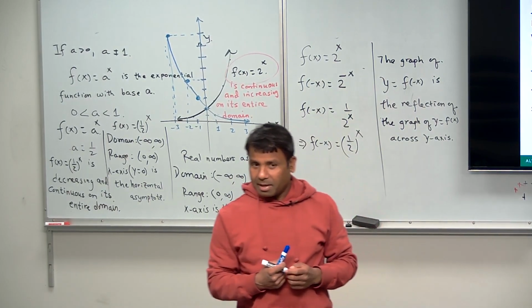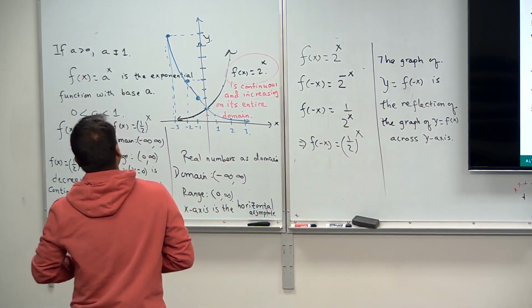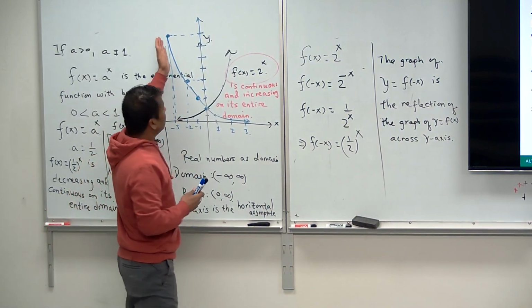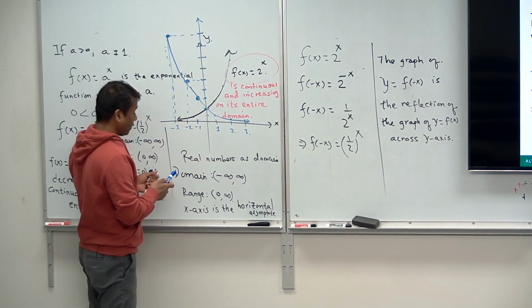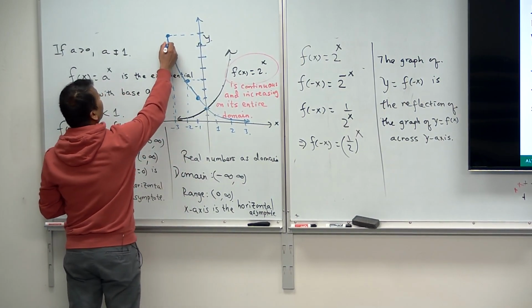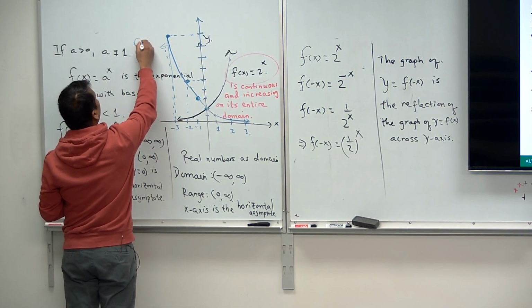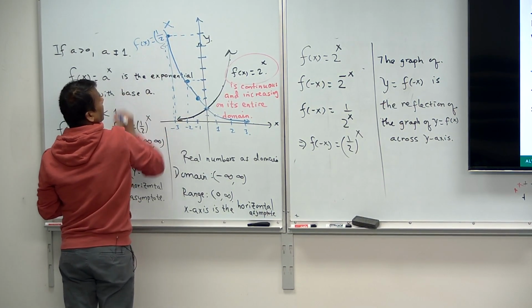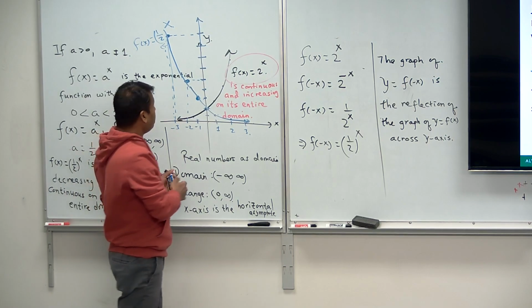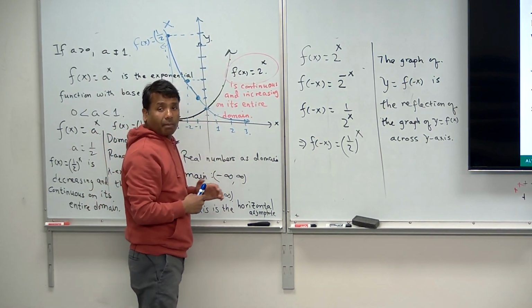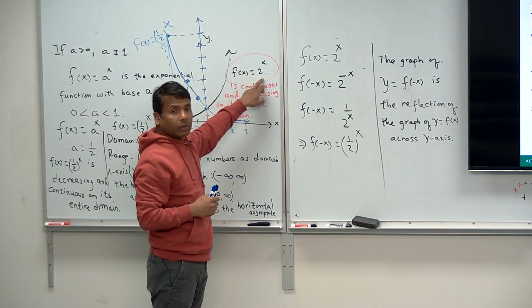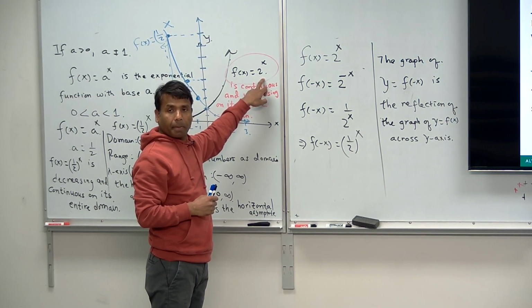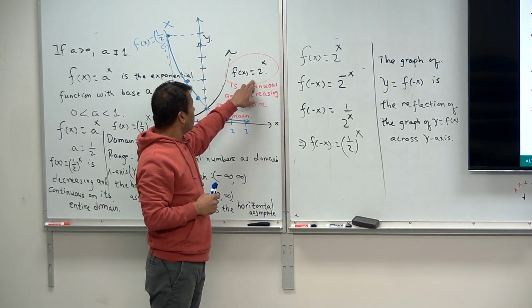Is that right? So you see in the graph, the blue one is the graph of the function f(x) equal to 1/2 raised to the power x. The black one is the graph of the function f(x) equal to 2 to the power x.